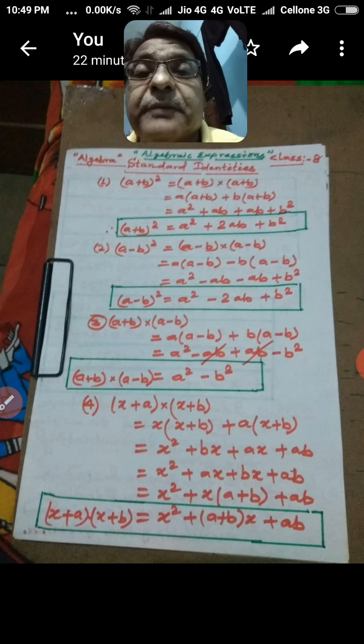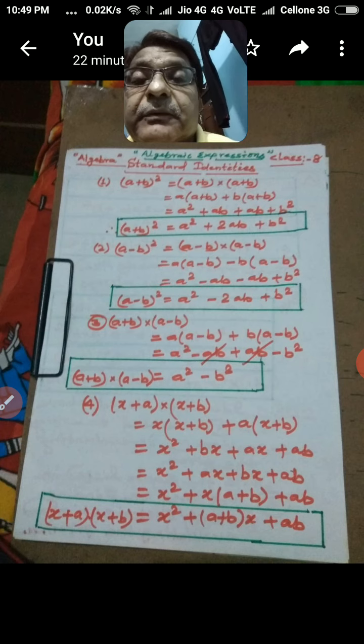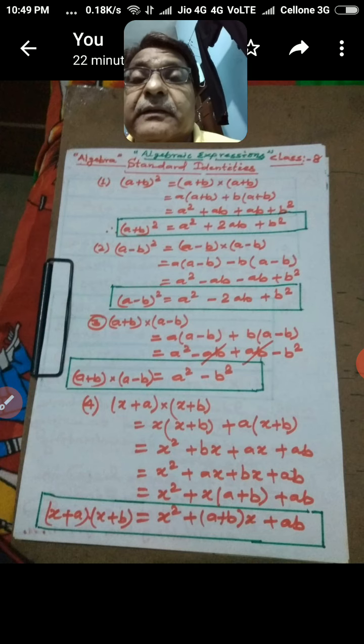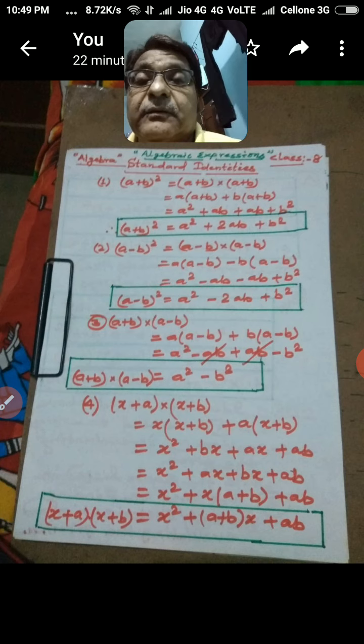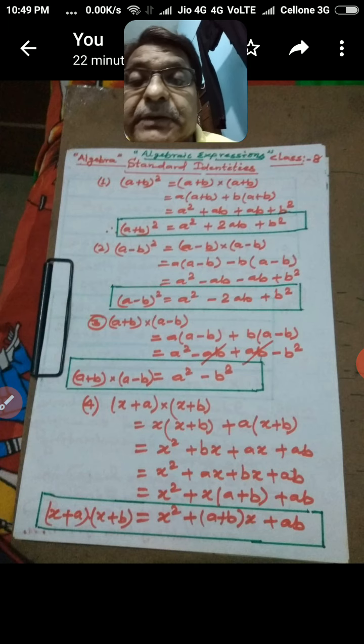You know the multiplication of two binomials, how they are multiplied. Say a plus b into a plus b, then what we will do, we will take the first term of one binomial and multiply it with the other binomial, and then we will take the second term of the first binomial and multiply it with the other binomial.